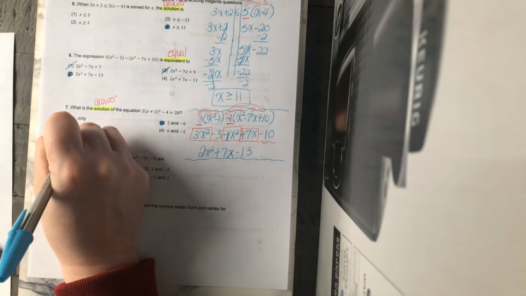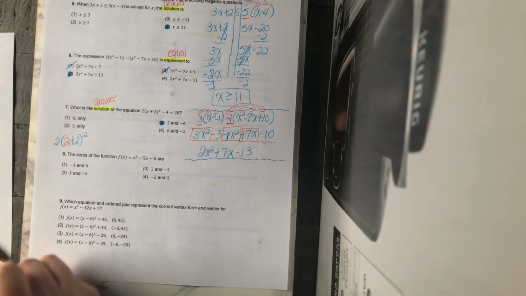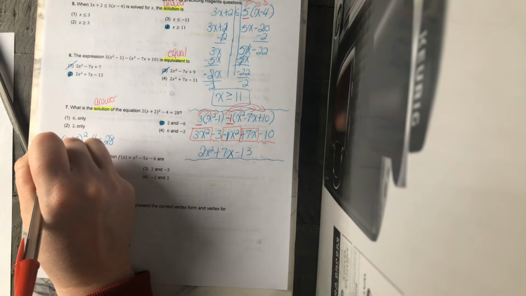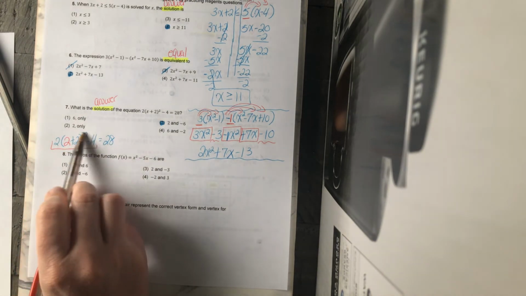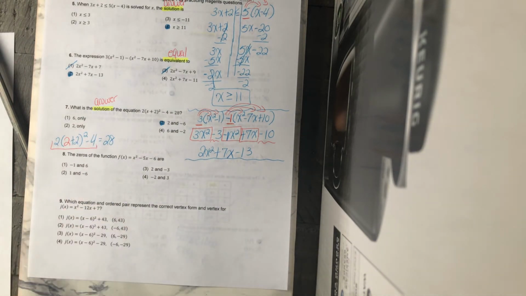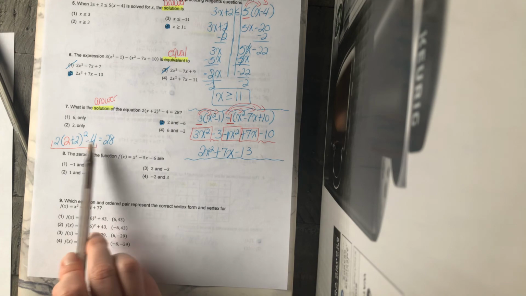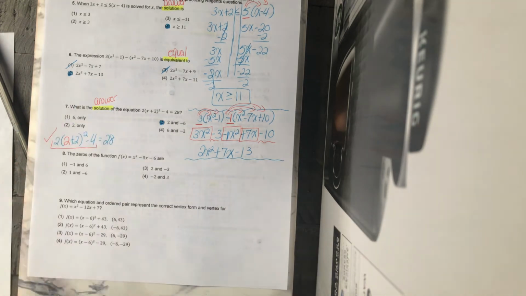So it's really 2 times 2 plus 2 squared minus 4. And when I type this whole thing into the regular screen on my calculator, that blank screen at the beginning, I should be getting the number 28. And since it equals on both sides, I know that's an answer.